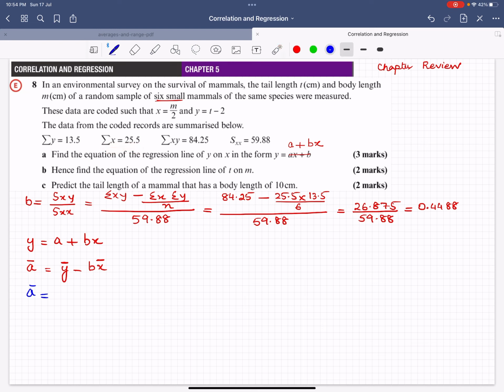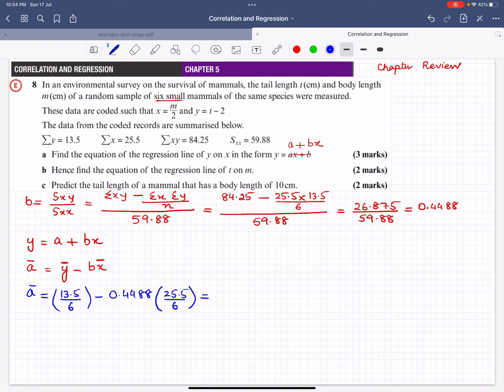So a is 13.5 divided by 6, minus the b value, 0.4488, into the average value of x, 25.5 divided by 6.